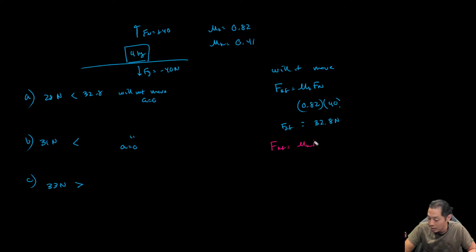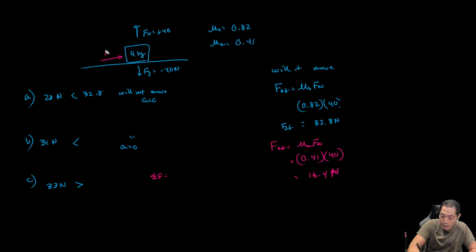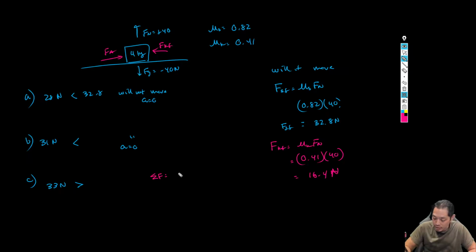Plug in that value, which happens to be half. Doesn't always have to be, but in this case it is. So this is 16.4 newtons. Then you do a summation. Sum of all forces is equal to force applied plus force of friction, and you plug everything in.